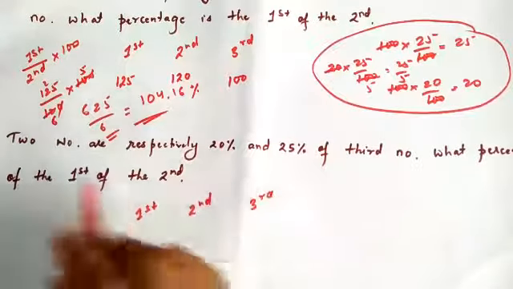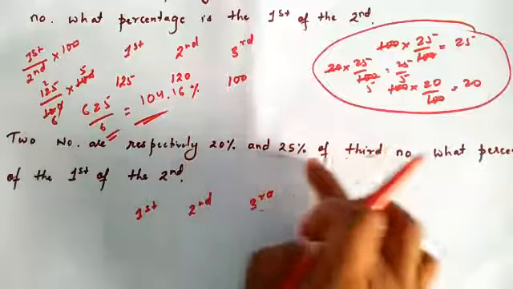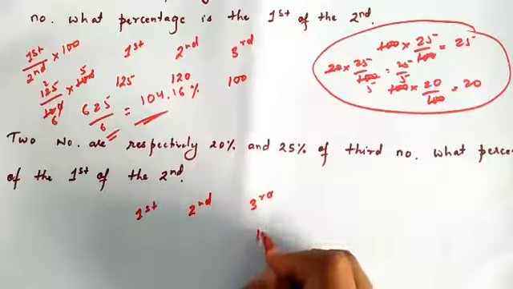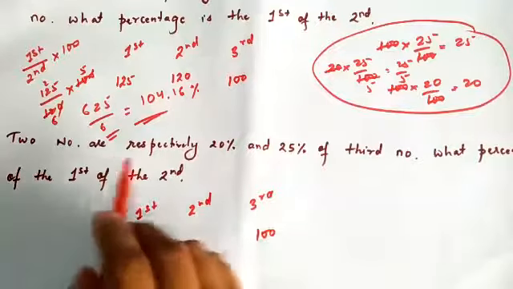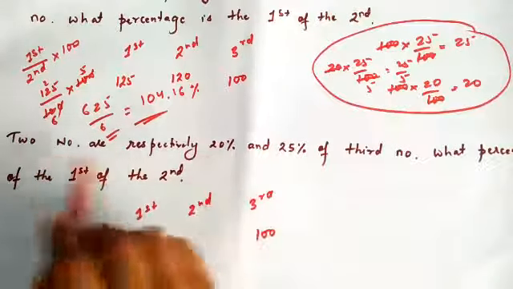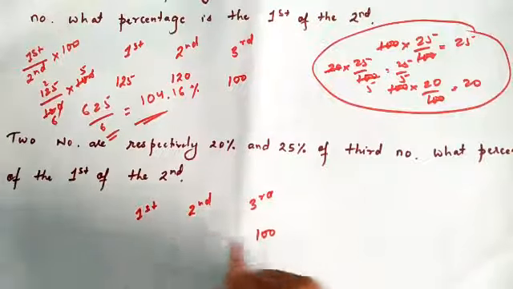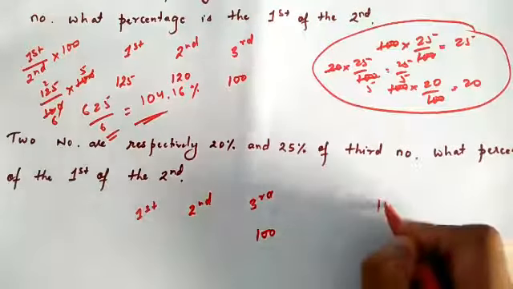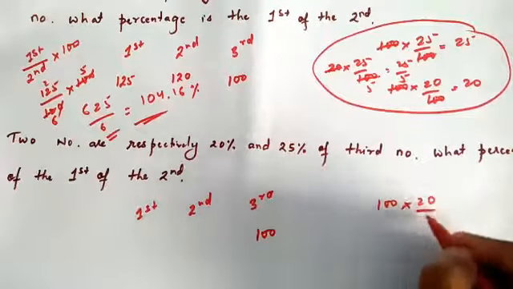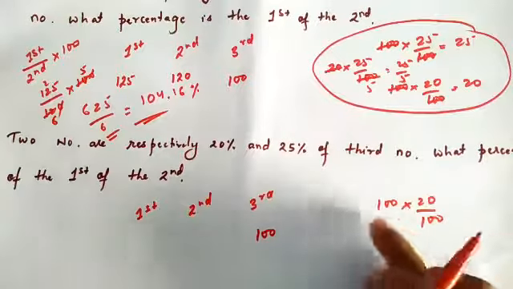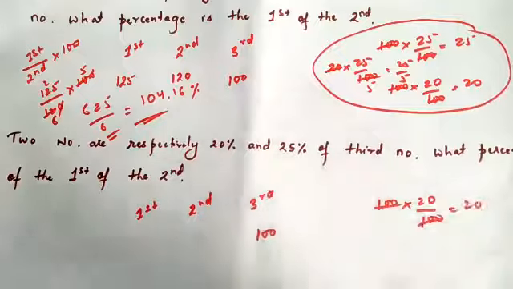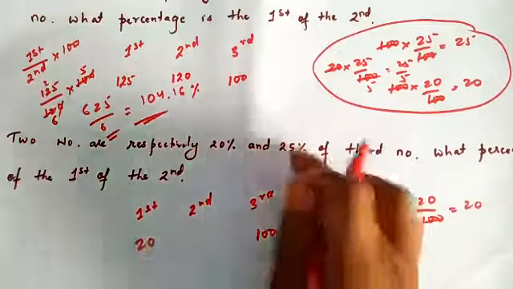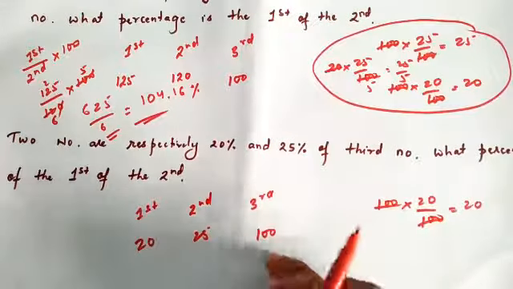Again I'm taking the third number as 100. Now the first number is 20% of the third, that is 20, so I don't have to calculate. And 25% means 25 of the 100.